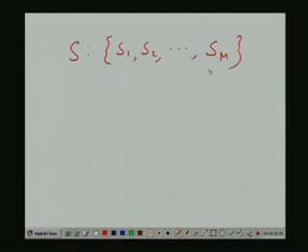Now, we already know that any subset of these constitutes an event. Suppose we consider some events A1, A2, dot dot dot, AK, which form a partition of S, that is, A1, A2 up to AK are mutually disjoint and their union is equal to S.